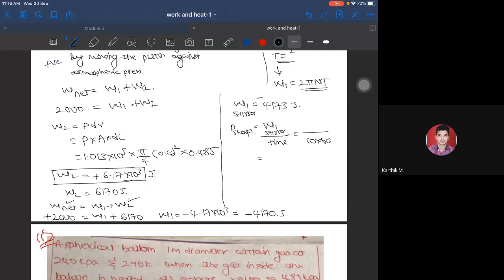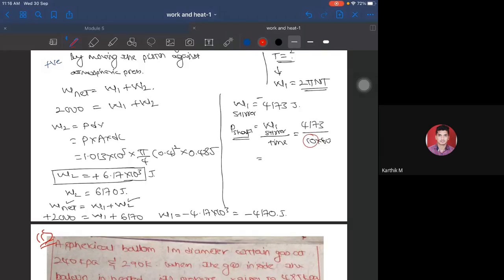Now, the power of the shaft is given by work done by the shaft divided by time. Just note it down here. Work done by the shaft is 4173, and the time is 10 minutes, so you have to convert it into seconds, 10 into 60.